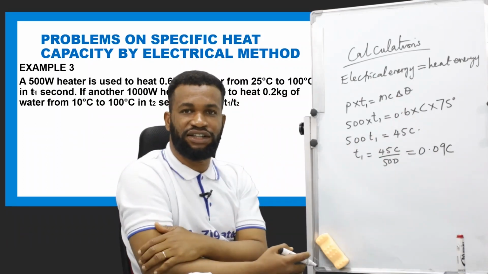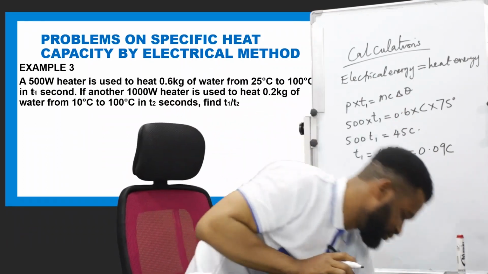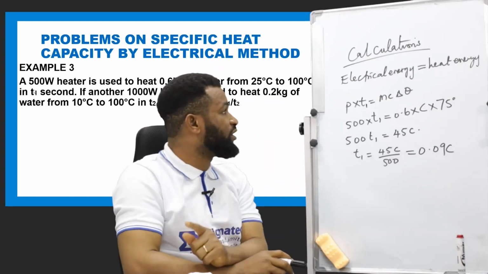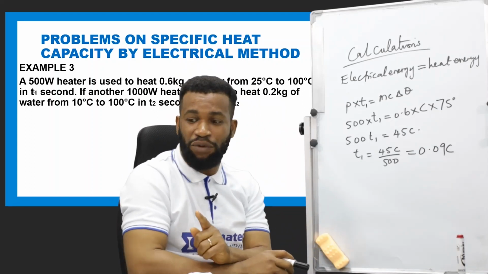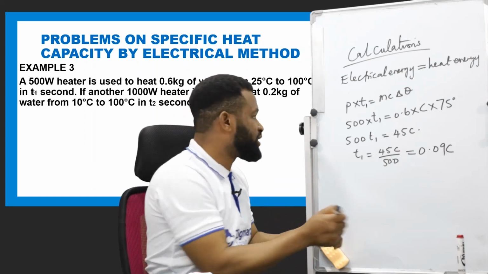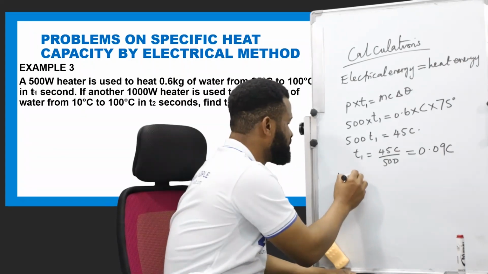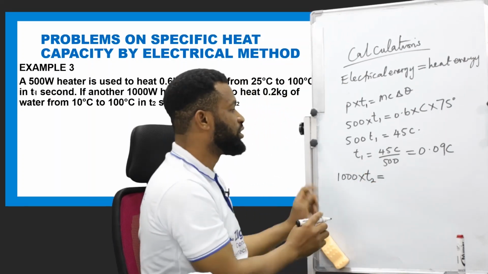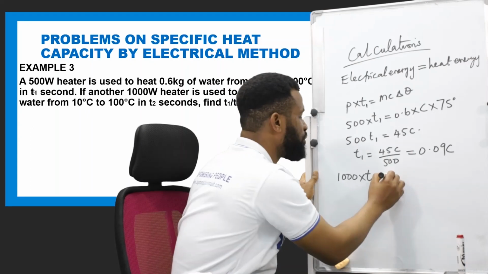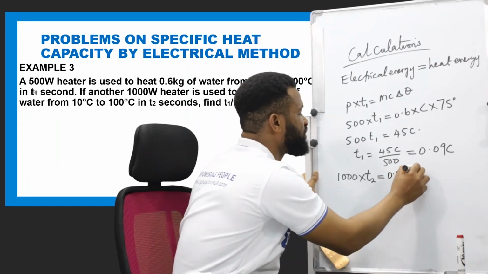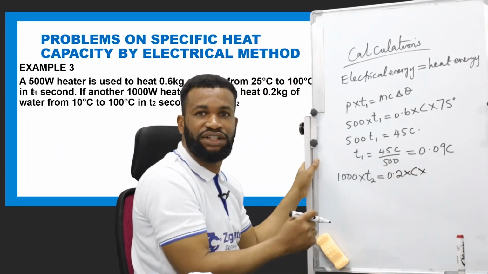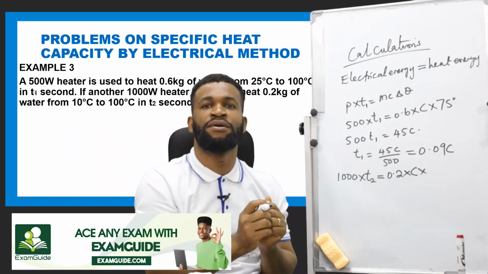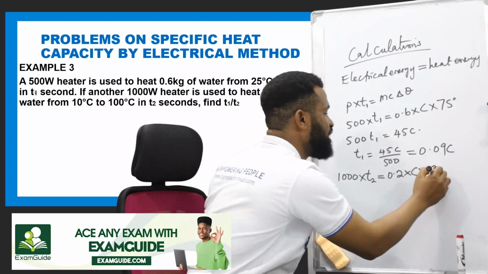We are going to consider the second one. Now, in this second one, we have another power, which is 1,000 watts. So 1,000 times T2 is going to be equal to, the mass is 0.2 times C times the temperature change, which is 90, because from 10 degrees Celsius to 100 degrees Celsius is 90.